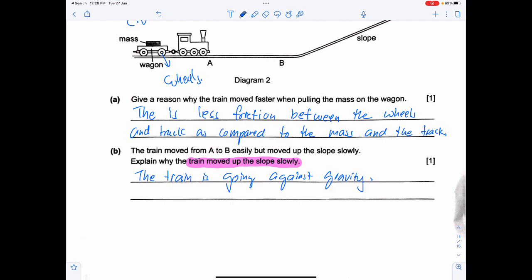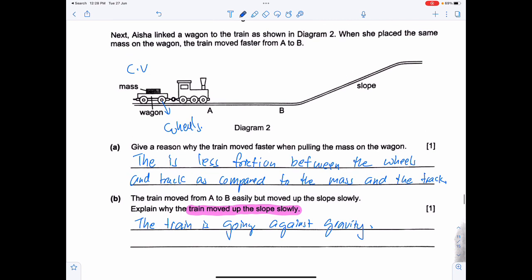Now, there is an alternative answer. Instead of dealing with forces, it deals with energy. When you are moving from point A to point B, you're just going horizontally. But when you are moving upward, some of your kinetic energy gets converted to GPE.